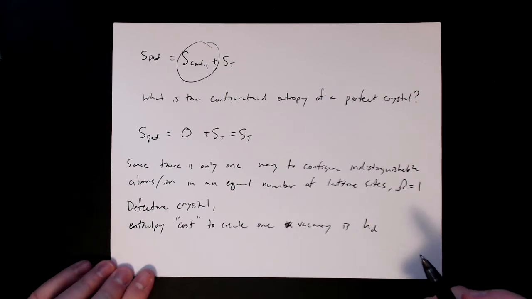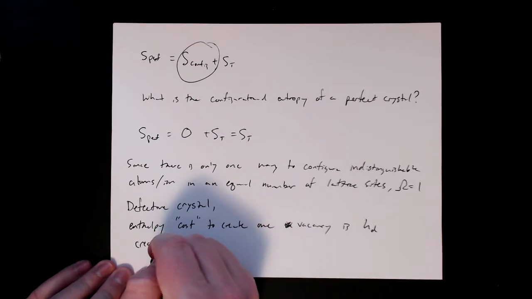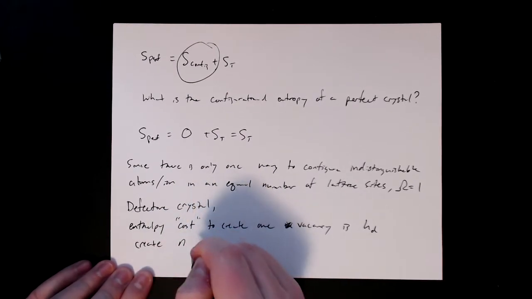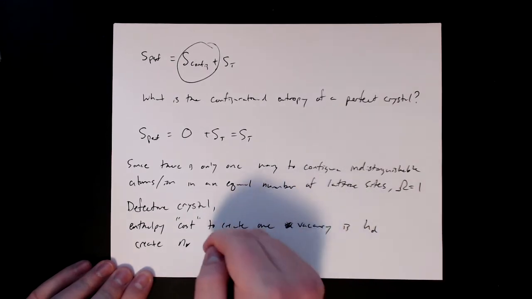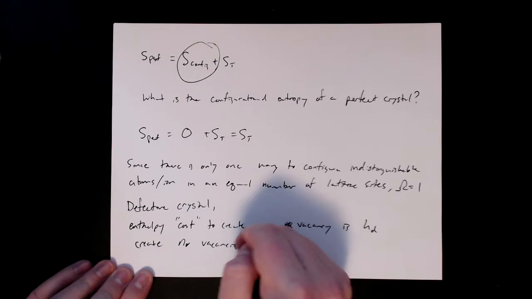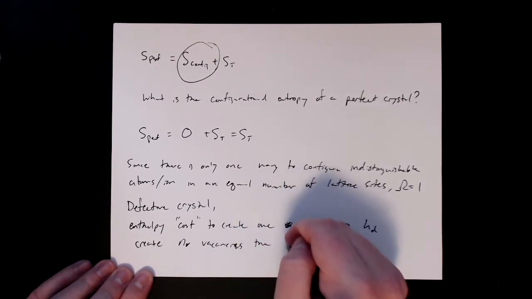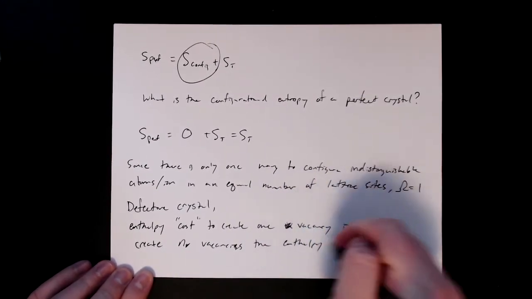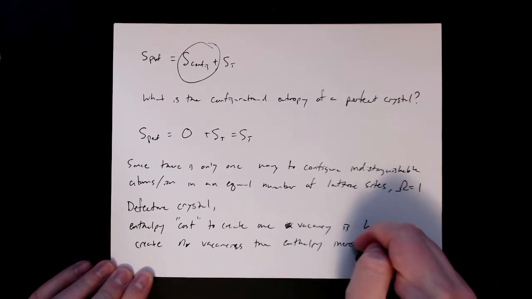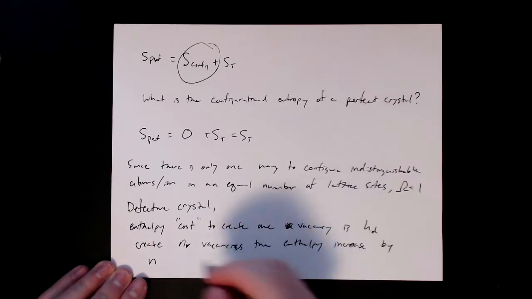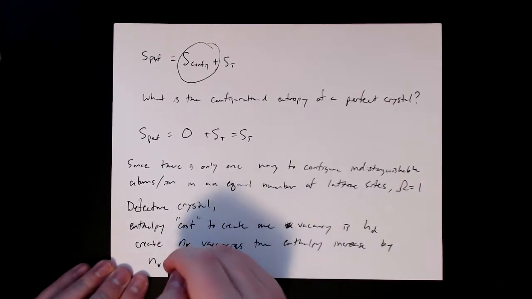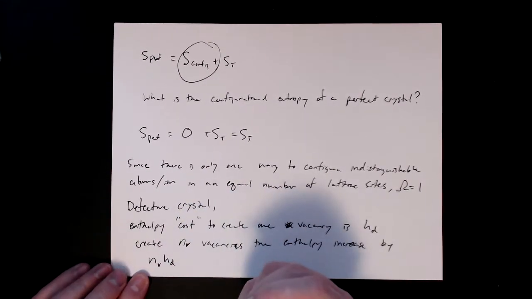And so if we talk about multiple, if we want to create a number of vacancies, n_v, then the enthalpy would increase by the number, so the number of vacancies times the enthalpy to create each one.